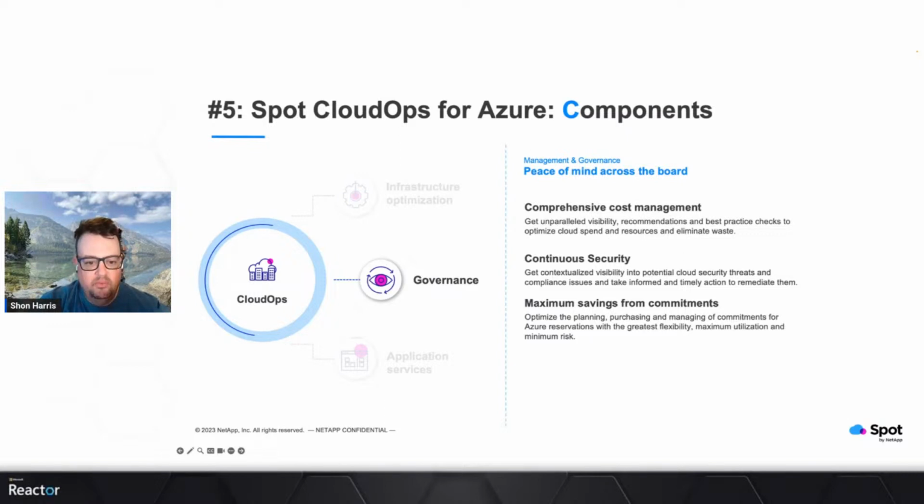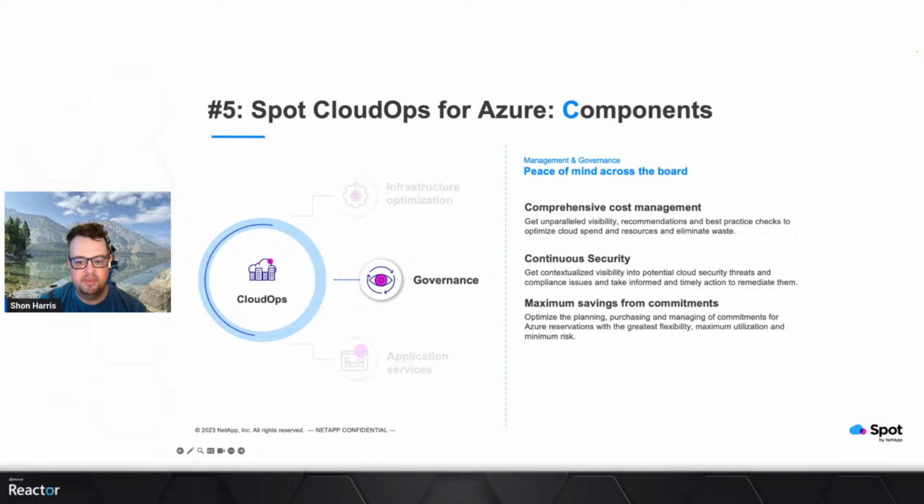We give you contextualized visibility into cloud threats and compliance issues, and you can take informed and timely action to remediate them. And as you remediate them, you can start introducing a tool that automatically remediates them.